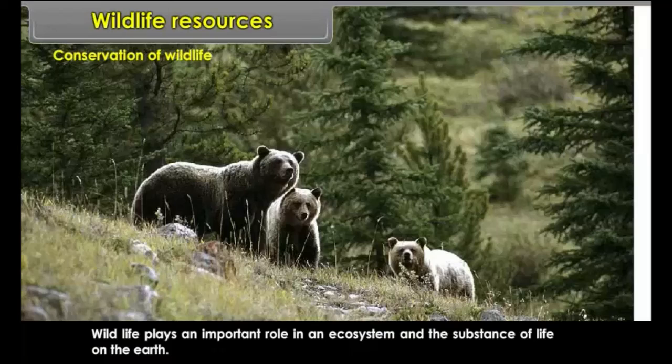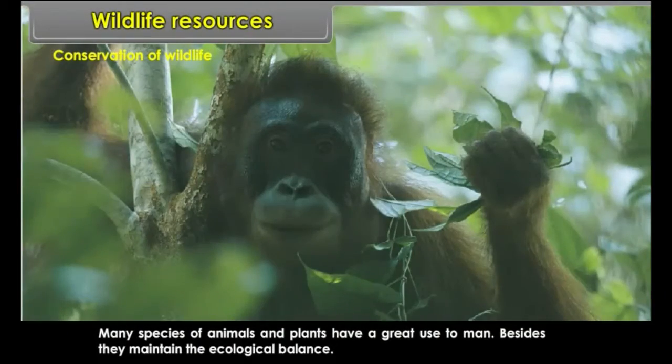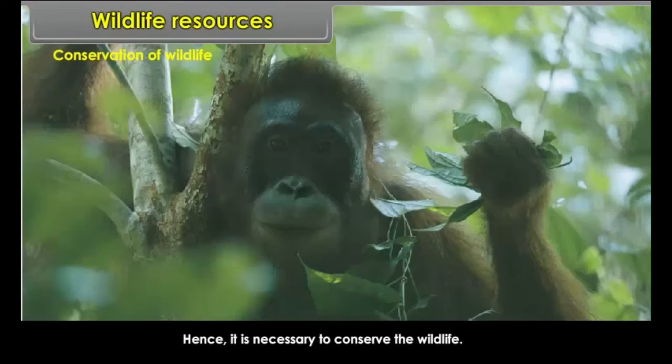Wildlife plays an important role in an ecosystem and the substance of life on the earth. Many species of animals and plants have great use to man. Besides, they maintain the ecological balance. Hence, it is necessary to conserve the wildlife.